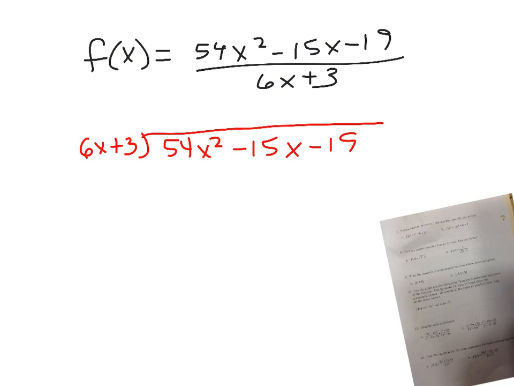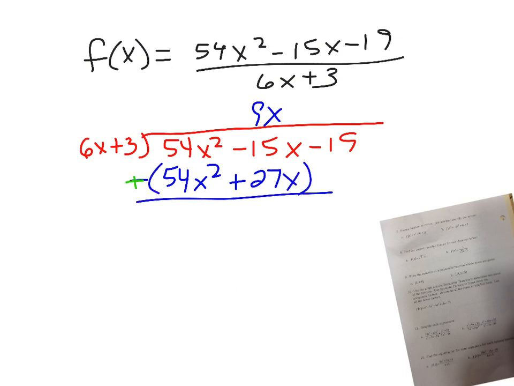All right, so 6x times 9x gives me 54x squared. And 9x times 3 is 27x. Right, parentheses, minus. So this becomes a plus, minus, minus here. That cancels. So I get negative 42x.